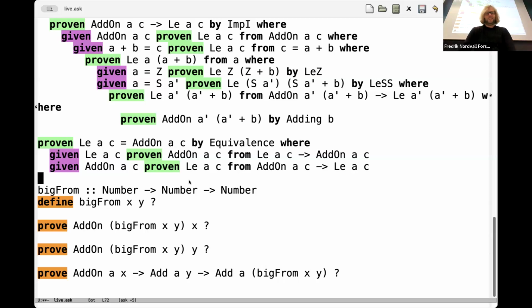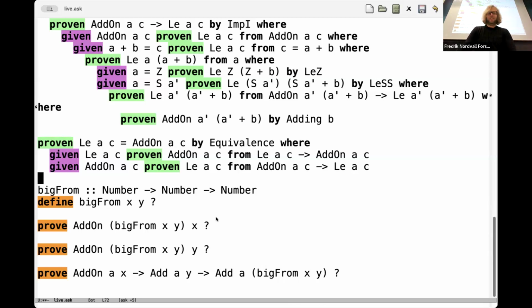Let me try and just say again what Connor said in case that jogs any memories. So these first two proofs here, big from xy add on x and big from xy add on y, say that this thing should be smaller than x and y, basically. And then Connor was saying that it's easy to do that, pick 0, right?